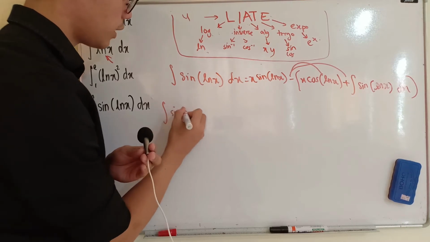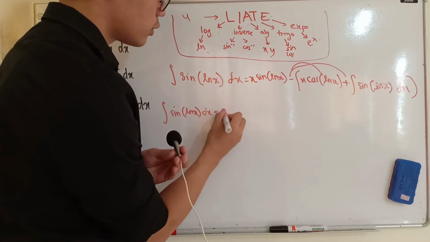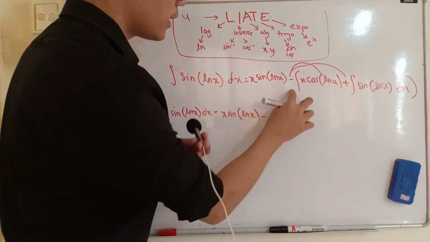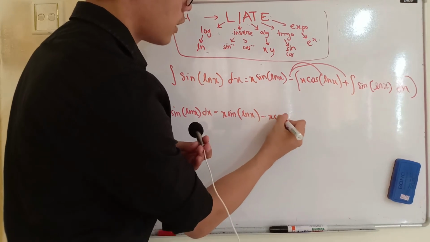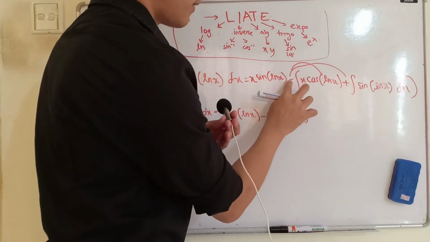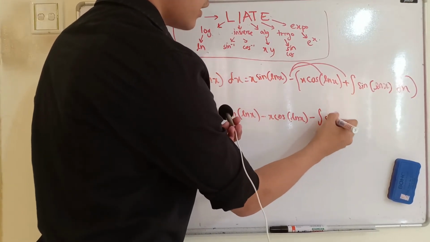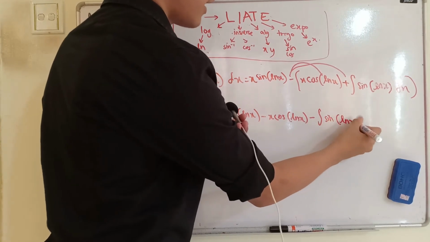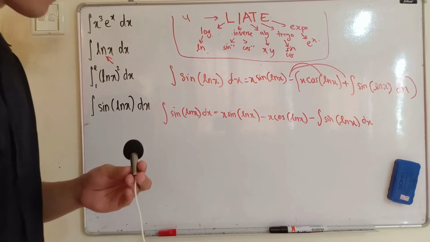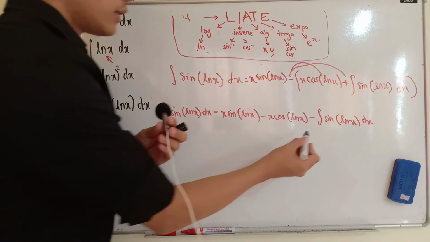So I just copy the equation: the integral of sine ln s ds equals s sine ln s, minus s cos ln s, then minus plus is going to be minus as well, minus the integral of sine ln s ds. Going to use the black marker.